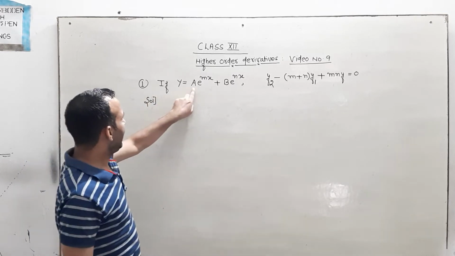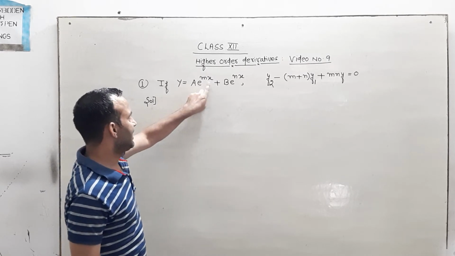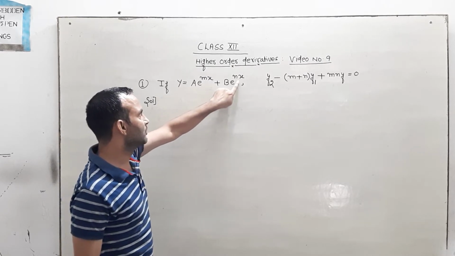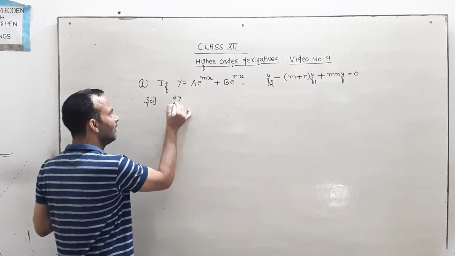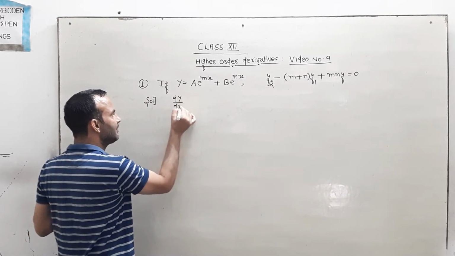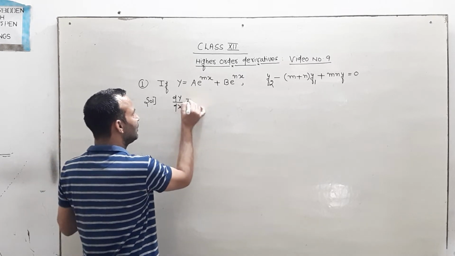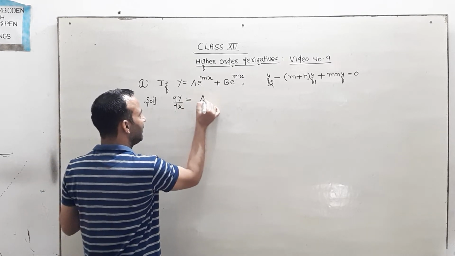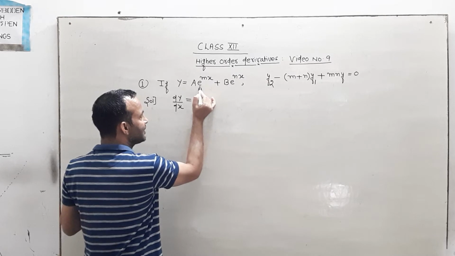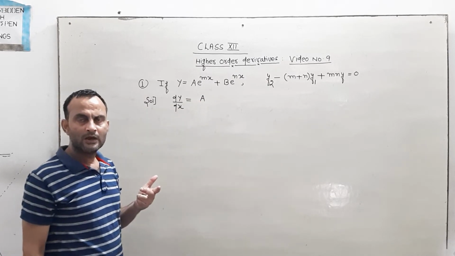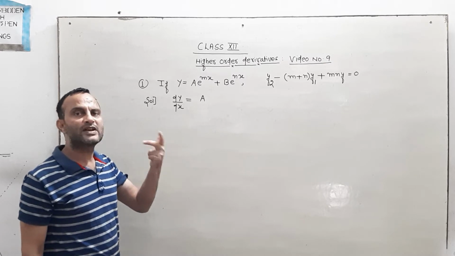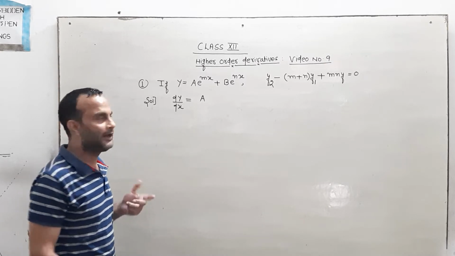y is equal to a e raised to the power mx plus b e raised to the power nx. Then the value of dy over dx, or you can say y1, is equal to what? The differential of e raised to the power mx is e raised to the power mx. Then by using chain rule, again differentiate mx, we obtain m.